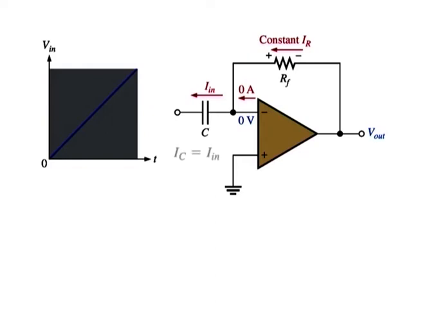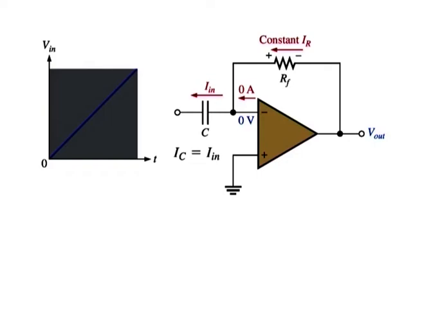In this case, IC is equal to IN and the voltage across the capacitor is equal to Vn at all times because of virtual ground on the inverting input.